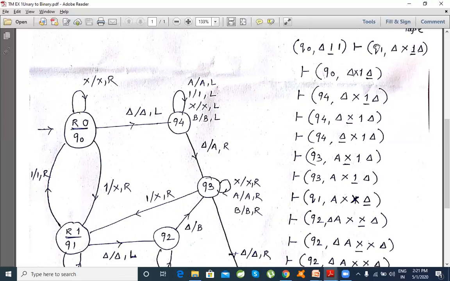So from Q1, if you receive the next 1, it is retained, replaced as it is by 1, and we move towards the right and change the state from Q1 to Q0. This is what has been done here. So from Q1 state, I'll go to Q0 state by replacing this 1 by 1 and moving towards the right.